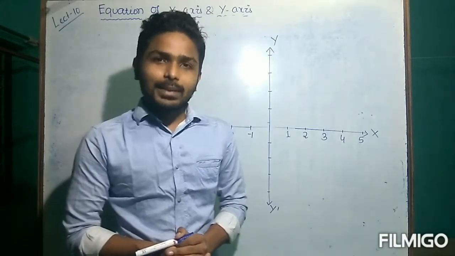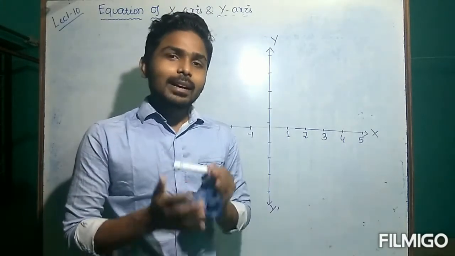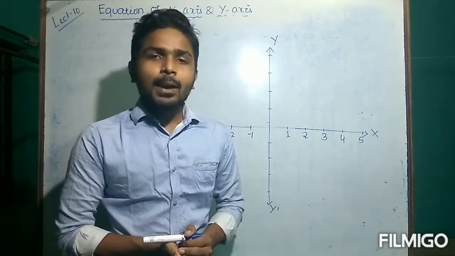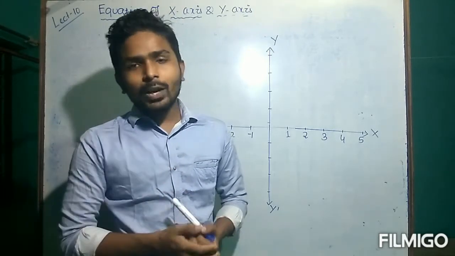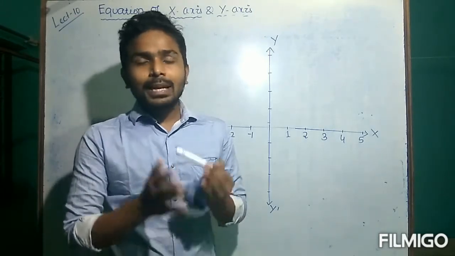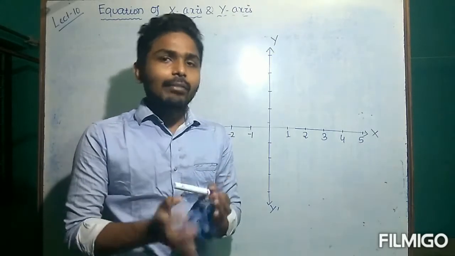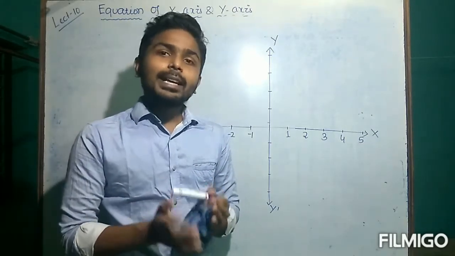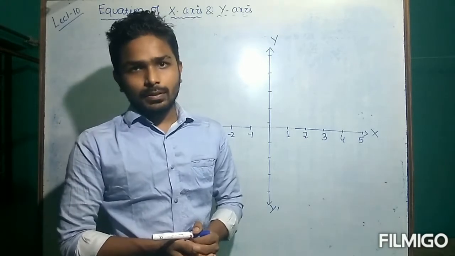In lecture 9 we discussed how we can find the equation of a straight line passing through a given point on a plane. It leads to an idea that every straight line should represent a linear equation.